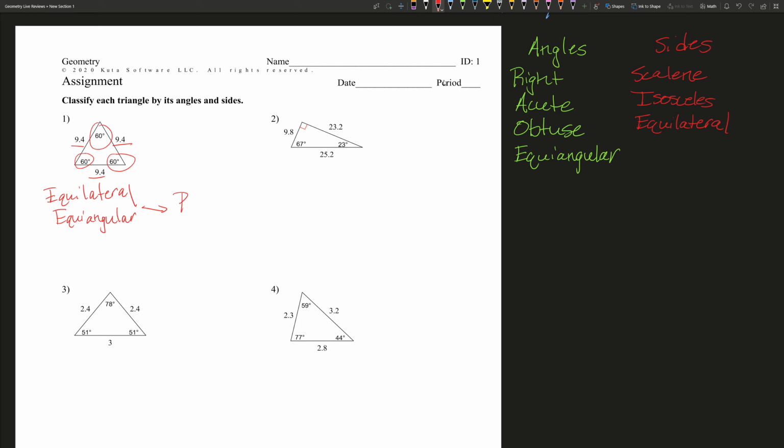It's called regular, which we've also gone over before. So this is fine, but I will also take this. Number 2, none of the sides are congruent, so this will be scalene. And then there is a right angle right here, so this is a scalene right triangle.